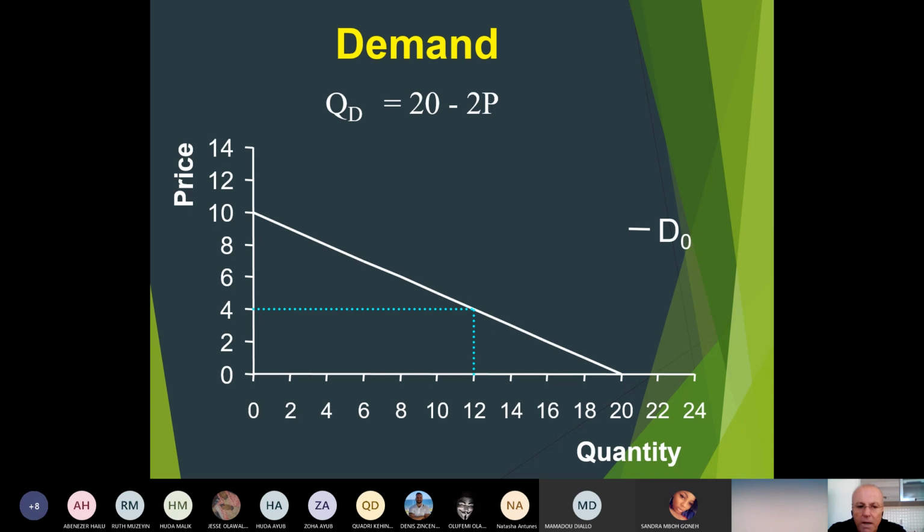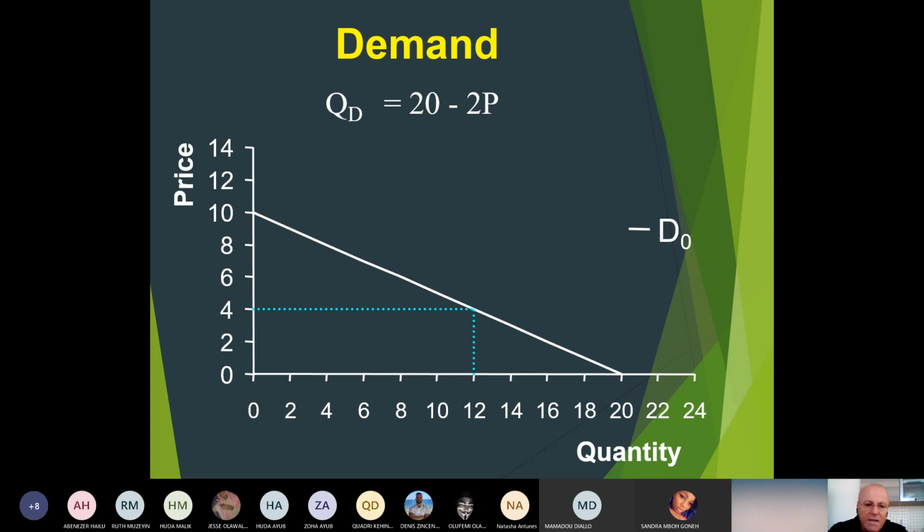Therefore, we have here 20, which is the intercept, the 20 units, which means we are buying 20 when the price is 0, as it is the intersection with the quantity axis.